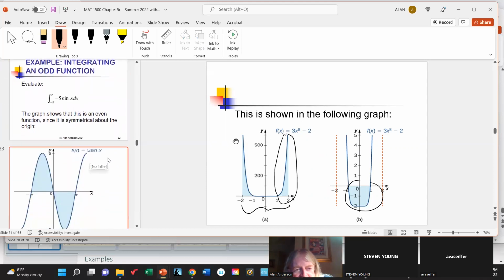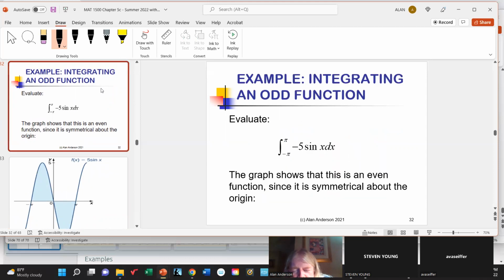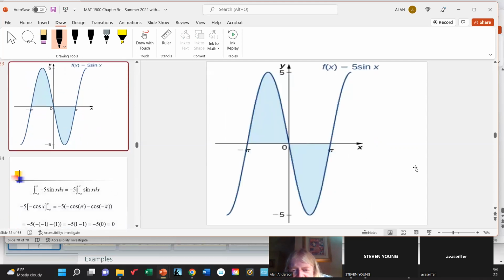Well, now we're going to have to take a crack at our odd function. And so let's try -5 sine x dx integrated between negative and positive pi. And again, it's hard to tell by looking at a function like this if it's even or odd. We can prove it algebraically, but the graph kind of says it all.